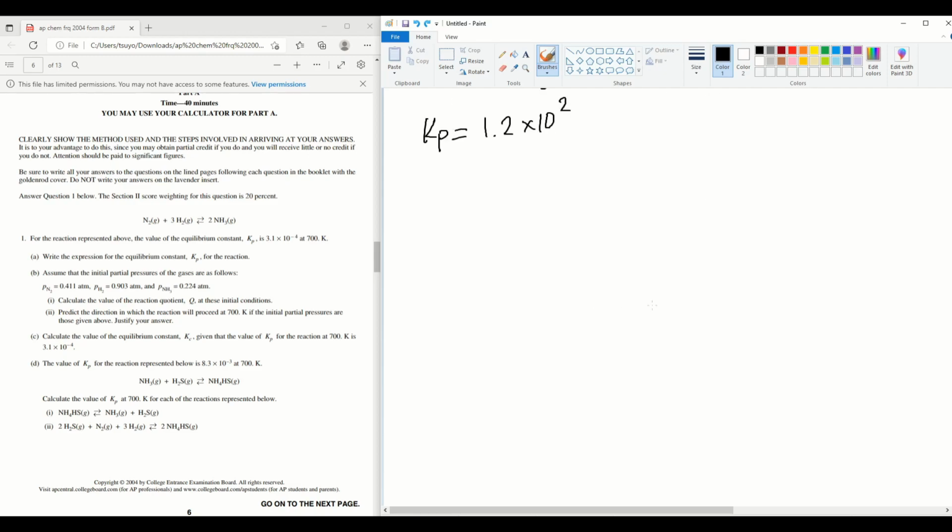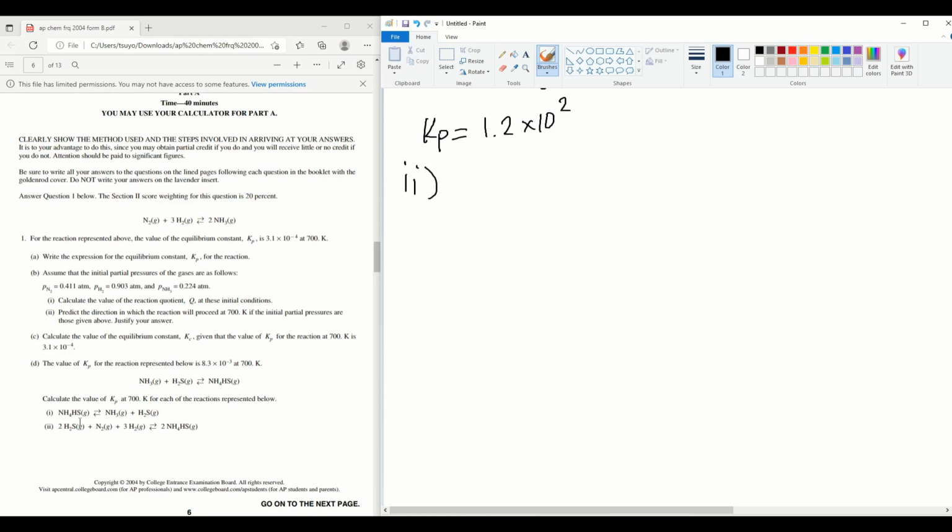And for the second one, it's a little more complicated. You have to do two things to this equation. So we can see that it's not the same as with just one step. We have to do two things. So first, we have to multiply this reaction by 2 for all of these coefficients, right?